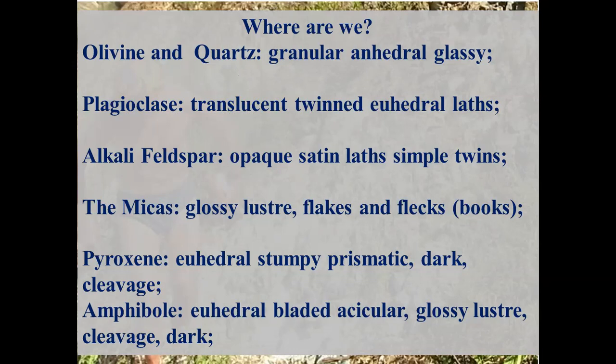But my advice was that if you hunted around on the hand specimen and you did find euhedral crystals with this transparent or translucent appearance, then everything that you were looking at that was granular was actually anhedral plagioclase. So that was a significant thing to remember.